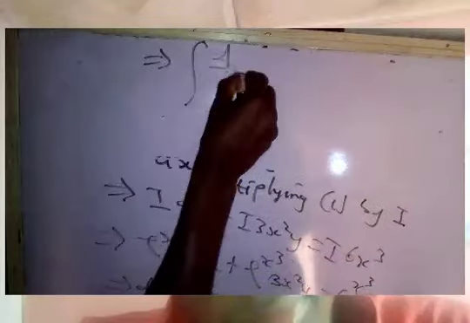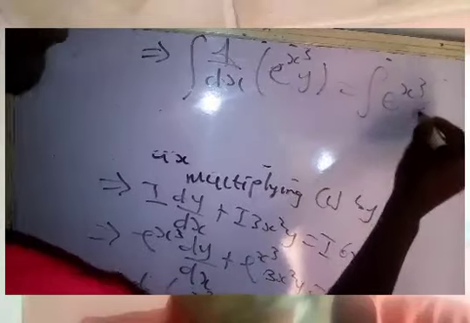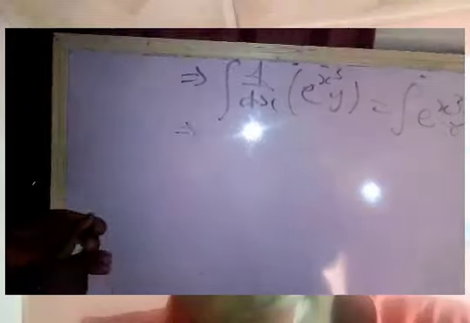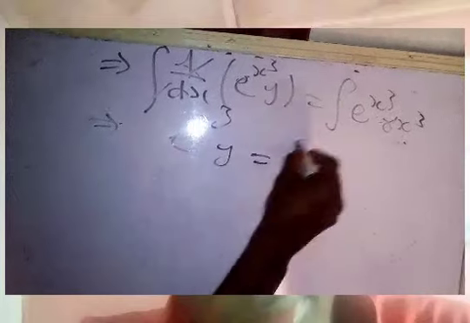Now integrating both sides, we have the integral of d over dx of e to the x cubed times y equals the integral of e to the x cubed times 6x cubed. Remember, when you are integrating the derivative of a function, the answer is that function. So this will cancel, and we get e to the x cubed times y equals the integral of e to the x cubed times 6x cubed.